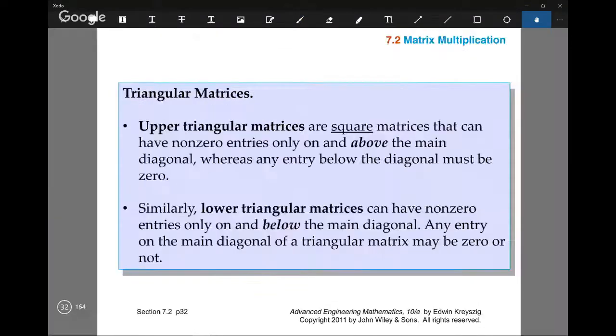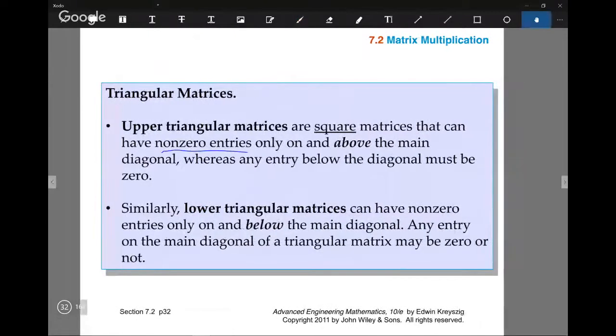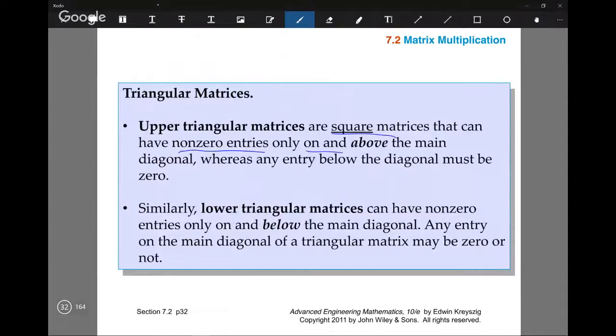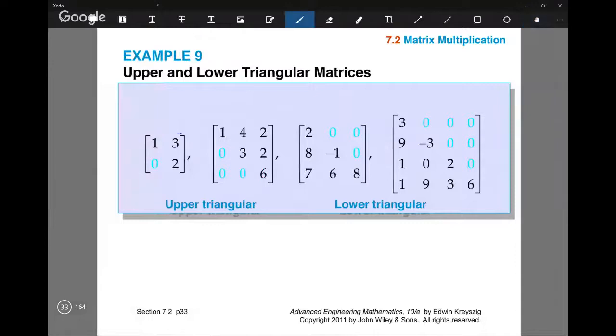Triangular matrices: upper triangular matrices are square matrices that have non-zero elements only on or above the diagonal, whereas lower triangular matrices have non-zero entries only on or below the main diagonal. So here's an upper triangular matrix, looks like a triangle, right? This is an upper triangular matrix.